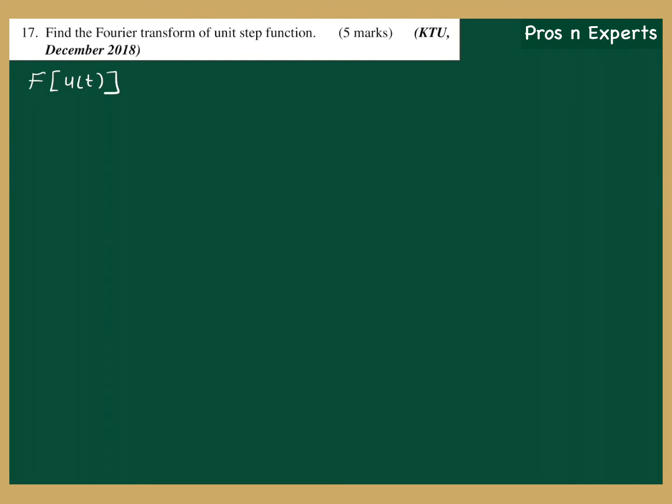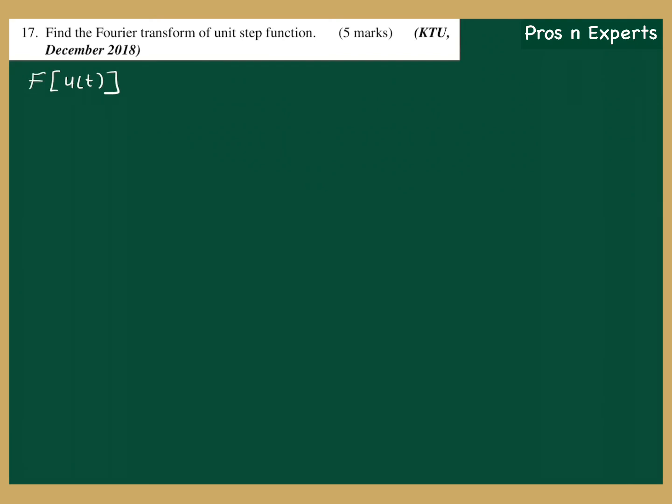Definitely no, because u of t is an infinite duration power signal. Such signals cannot be handled this way. They don't satisfy the absolute integrability condition. They have only a limited Fourier transform. We have to apply some logical tricks and obtain the Fourier transform from some properties. We cannot directly apply the equation.